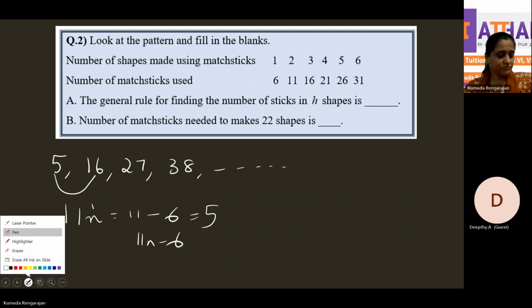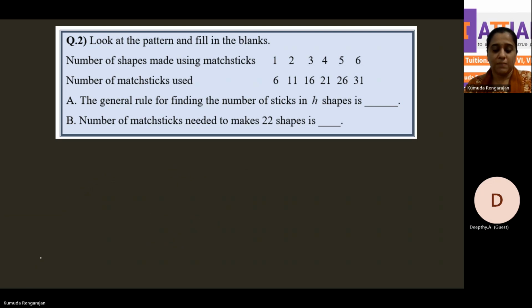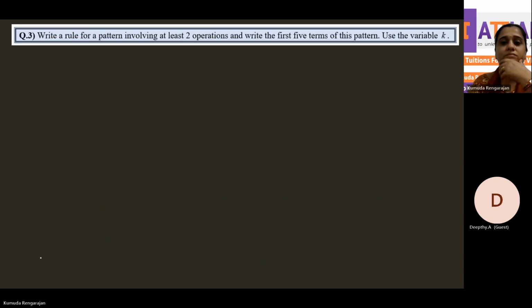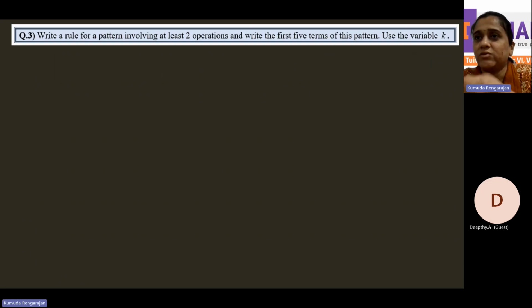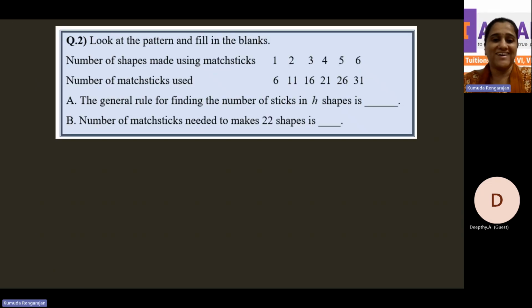Very good. Okay. We'll just wind up the session with this one. What was the rule here? The general rule for this one: the difference is 5.